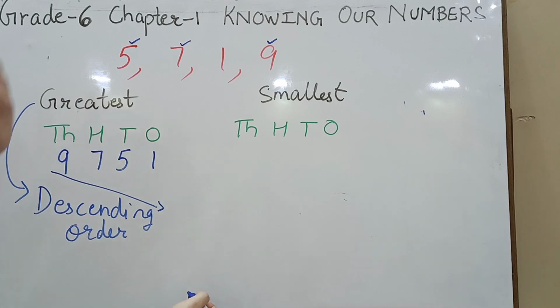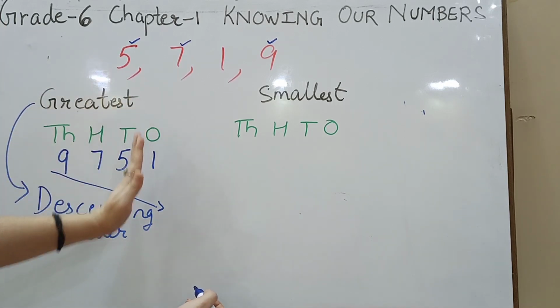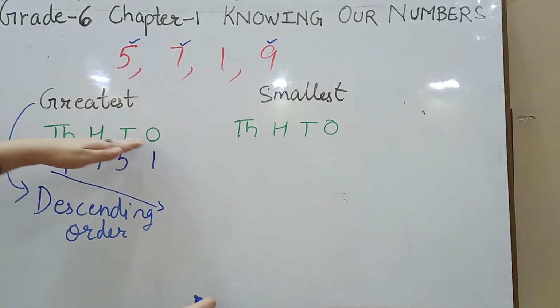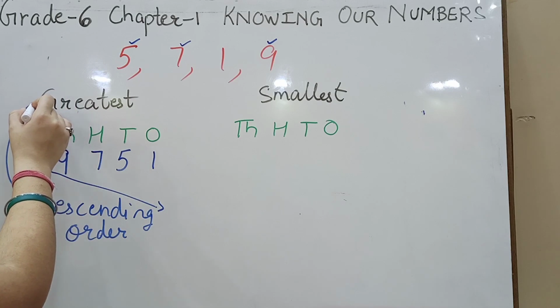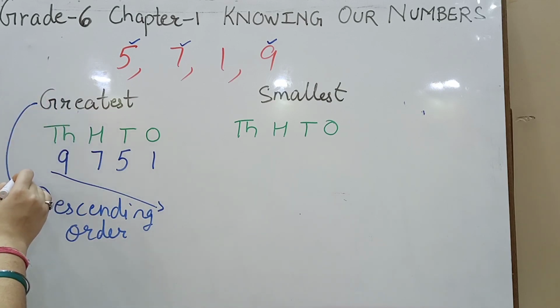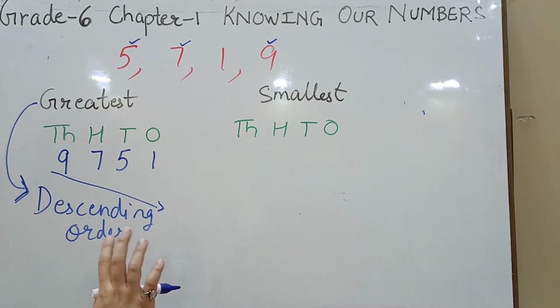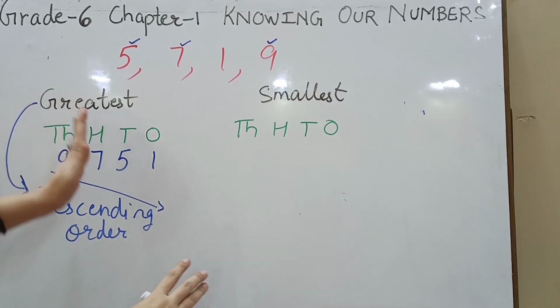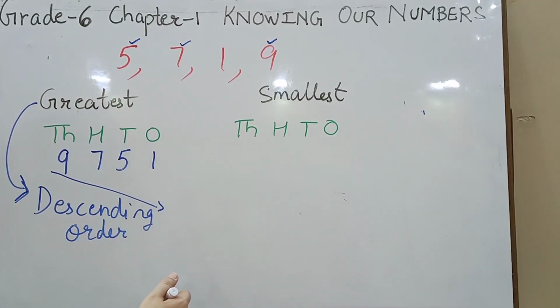Descending. जब आप greatest number बनाओगे तो सबसे पहले बड़ा, फिर उससे छोटा, फिर उससे छोटा, फिर सबसे छोटा. It depends upon the number of digits that has been given to you. But for the greatest number, you need to arrange all the numbers in descending order. Now let's come to the other part. Now we are supposed to form the smallest number.